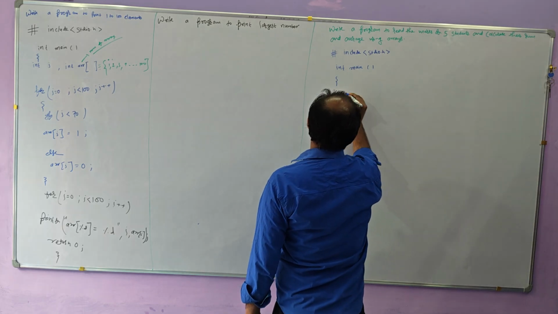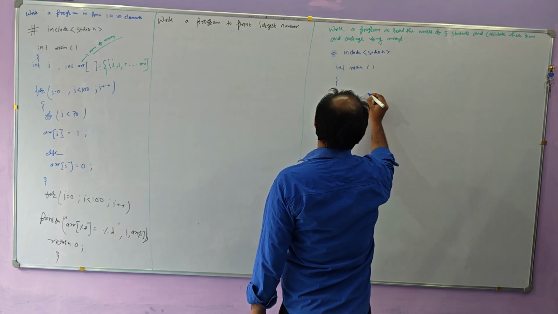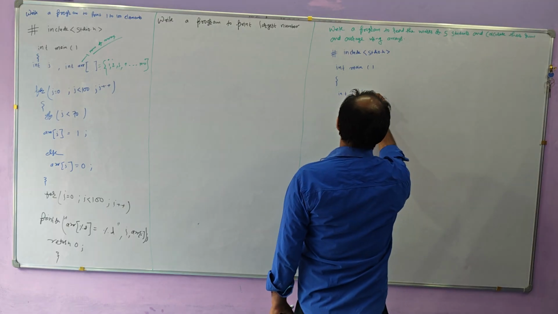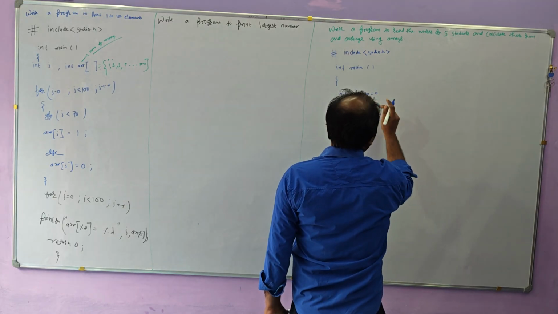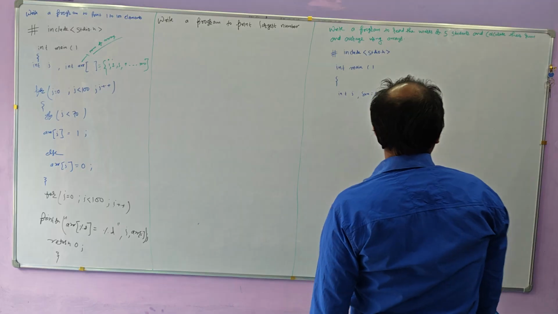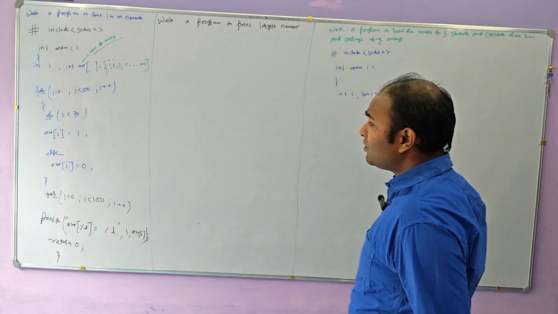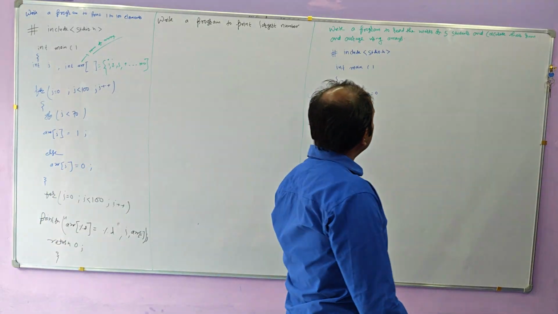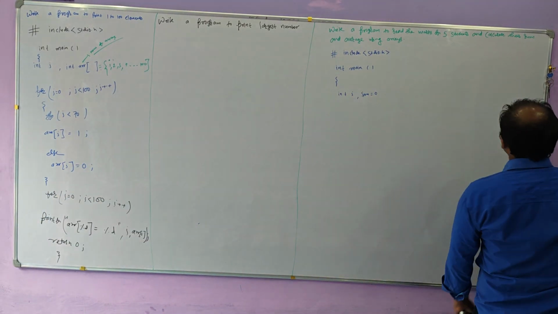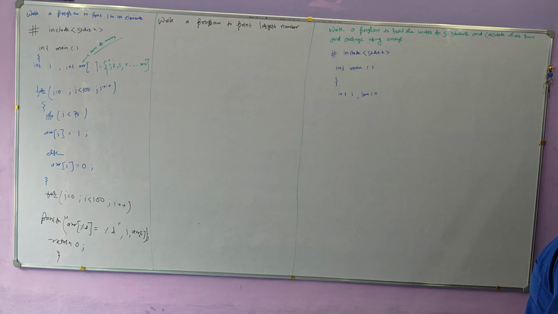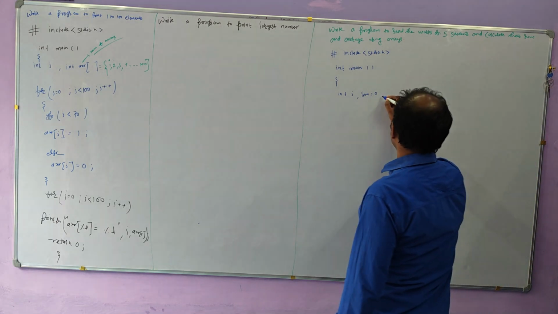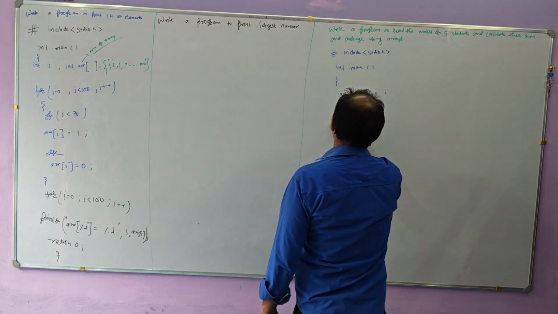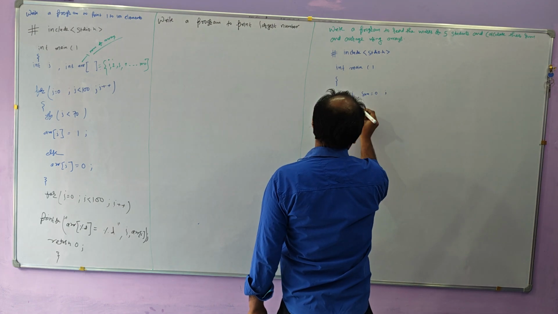Whatever we are going to use: int i and sum is equal to 0. We are taking sum is equal to 0 so that there is no garbage value.